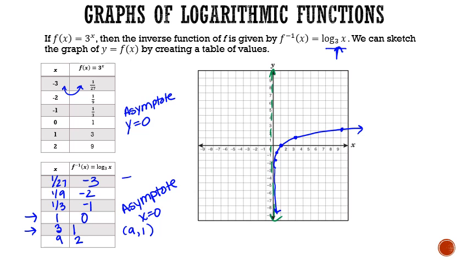And then looking here, you can see that the point 1 over a, so 1 over 3, negative 1 is on this graph. If you go to that last line, we also would have found that 1 over 2, for log base 2 of x, comma negative 1 is a point that was also on that graph. So let's generalize this for log base a of x.